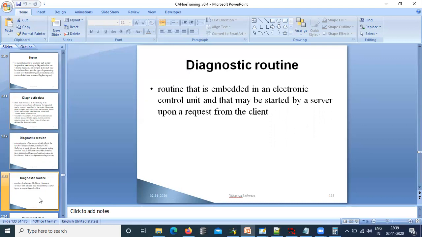For example, the driver information module has a speedometer, an engine RPM meter, and an engine temperature gauge. So it will write some default values to the memory, because of that the needle will move from the lower position to the higher position.